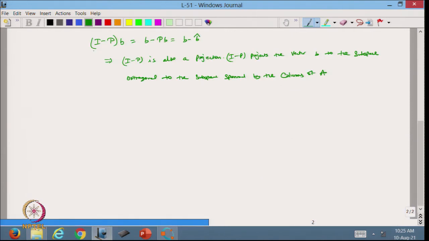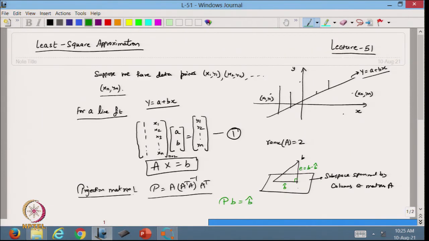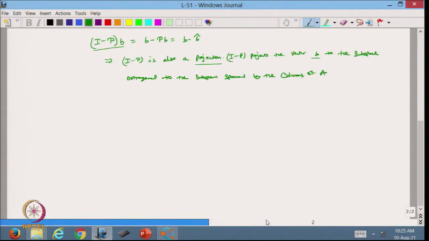If I apply this I get B minus B hat. So it means this is also a projection, and it projects the vector B to the subspace that is orthogonal to the subspace spanned by the columns of A.